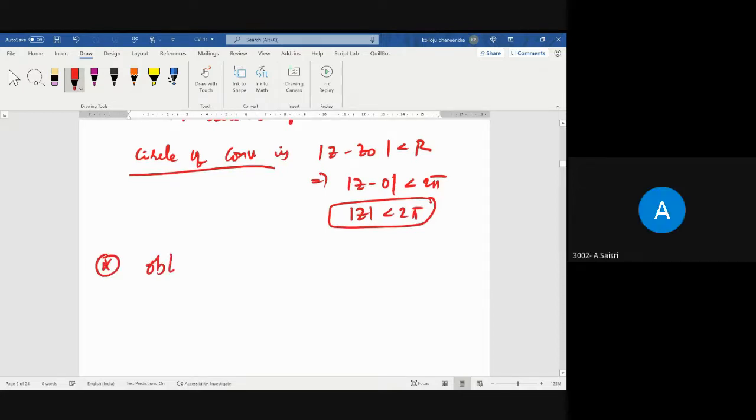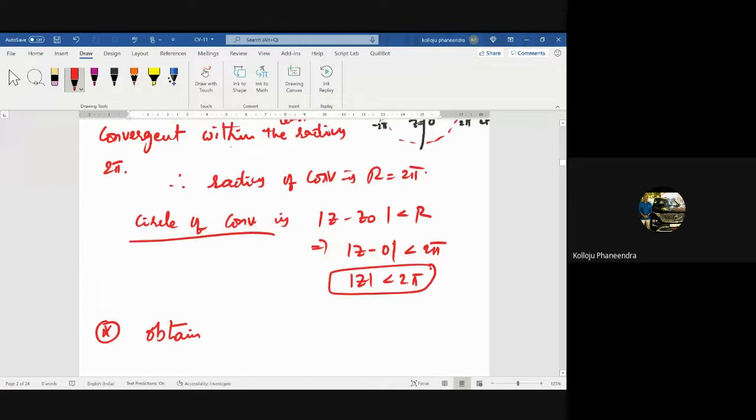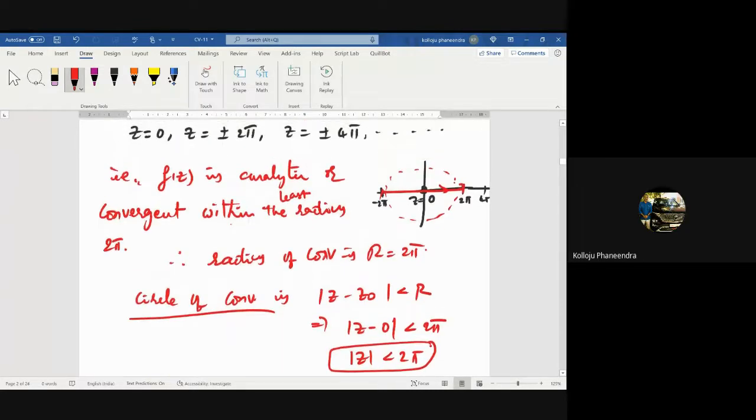Next one. Sir, here at z equal to 0, it is not analytic, no? Yes, at z equal to 0, it is not analytic.